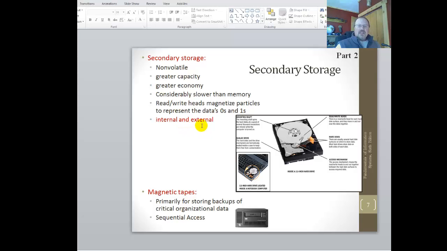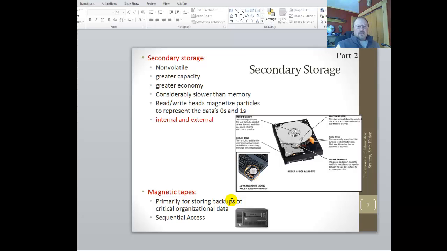And of course, they can be internal and external. You have magnetic tapes, which are primarily for storing backups. These tapes can store a lot of information, maybe tens or hundreds of terabytes. A terabyte is 1,000 gigabytes.